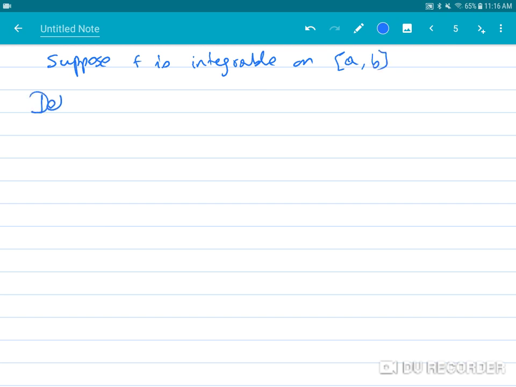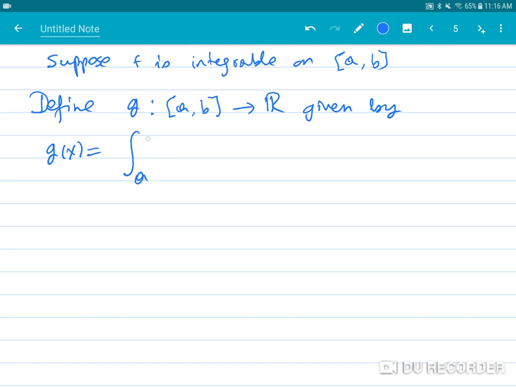Now define g from [a, b] into R. So g is a function given by g of x equals the integral from a to x of f of t dt.